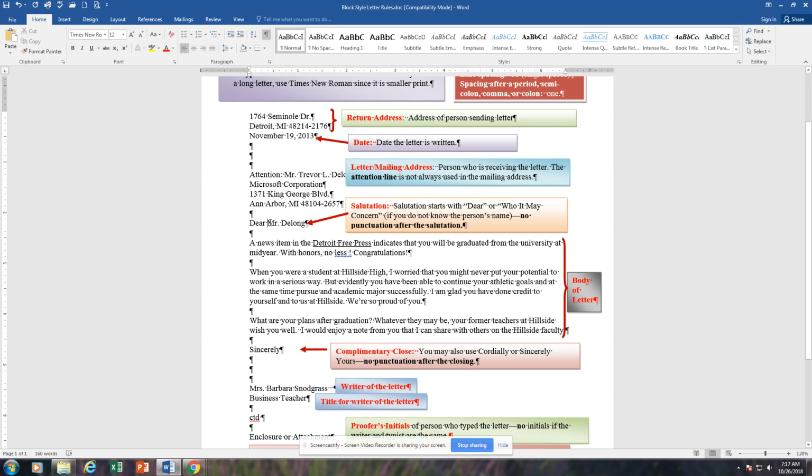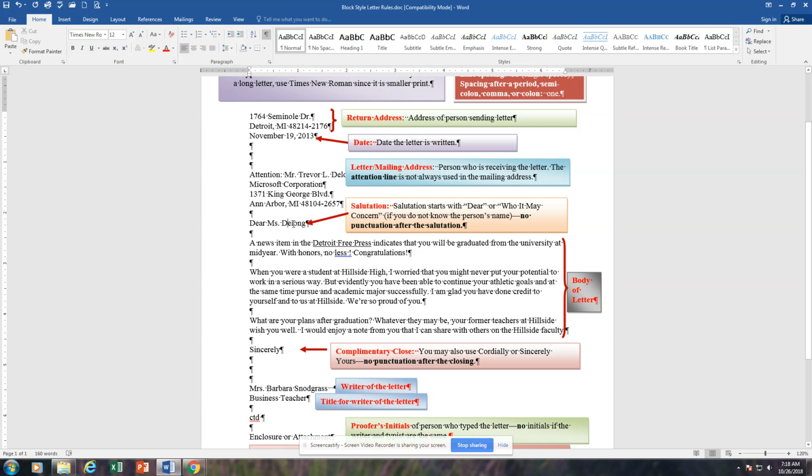You use Mrs., I'm going to type this in here, when you know that the woman is married and she uses her married name in her professional career. If you do not know if the woman is married or single, you will use Ms., especially if you do not know what name they use as far as their professional name.